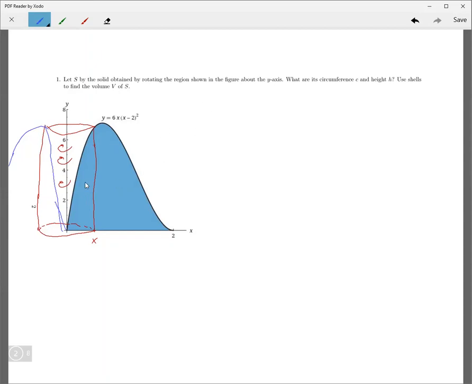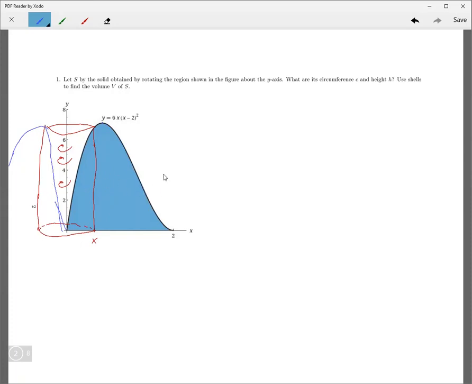And here, the washers is going to cause you trouble because if you're doing washers, then you need to solve this for x. And you're actually going to have to figure out what this point is up here. You'll have to figure out how to get this in terms of x equals something and that in terms of x equals something. It's going to be a big mess with this particular problem to do it using washers.